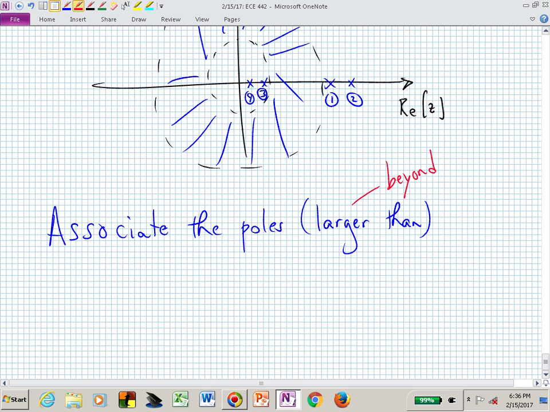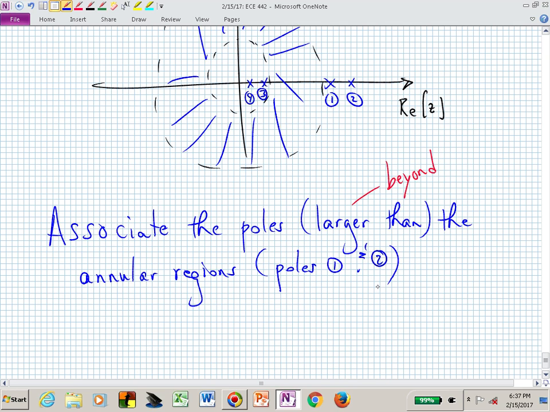So now the poles that are beyond the region of convergence, or beyond the annular region, and which poles are those? That will maybe determine whether my wording is clear or not. Now I want to associate the poles that are larger than the annular region or lie beyond the annular region. Which poles? 1 and 2 or 3 and 4? 1 and 2.